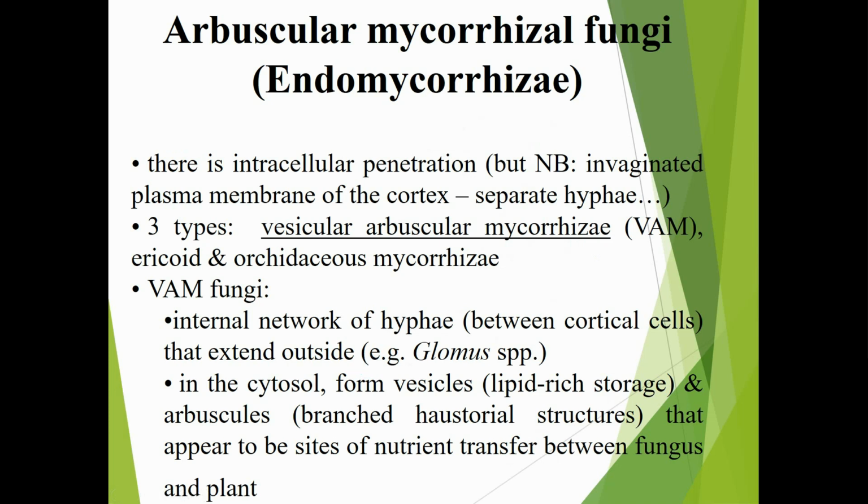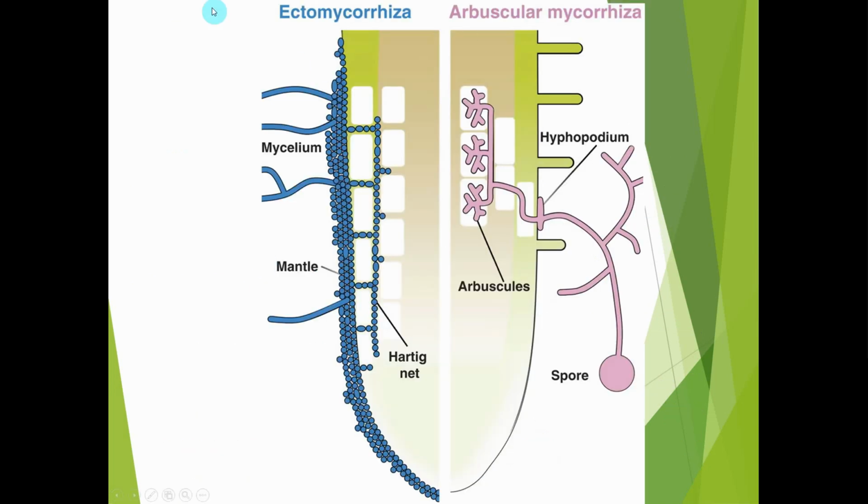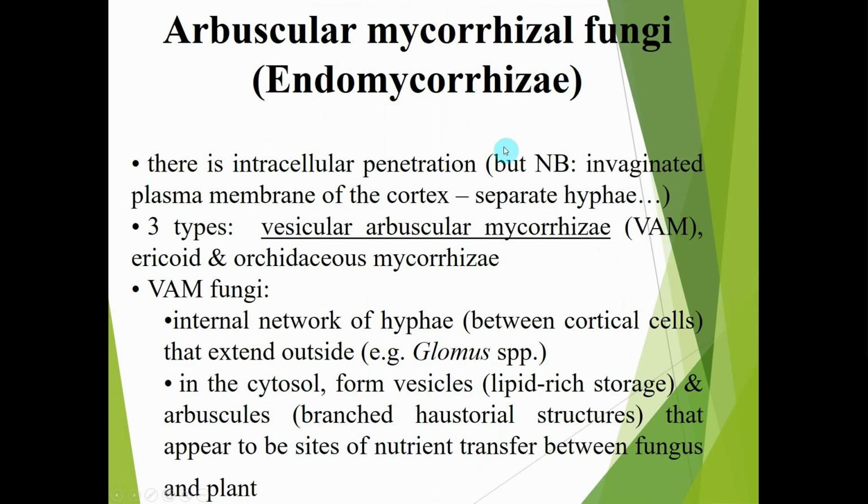Okay, so what I need you to know is that there's 2 types of mycorrhiza, ECM and AMF. And in AMF, there's 3 types: VAM, Ericoid, and Orchidaceous.